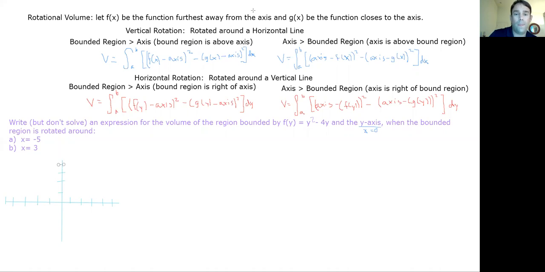Well, first up, we're revolving around, on the first one, the line x equals -5. So that'd be right here. And on the second one, we're revolving around the line x equals 3. So this is part B, going around that line.